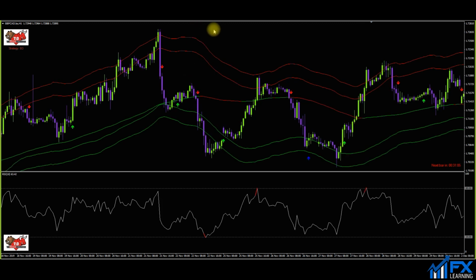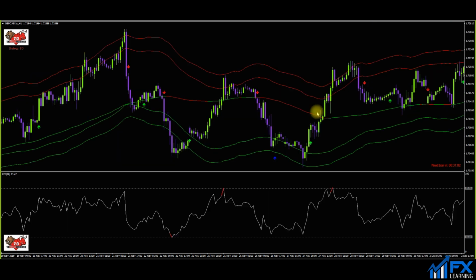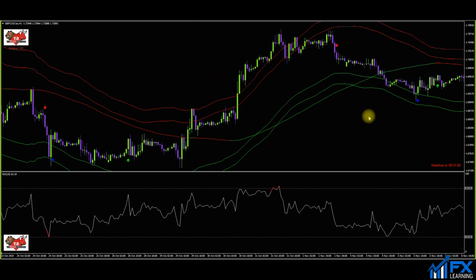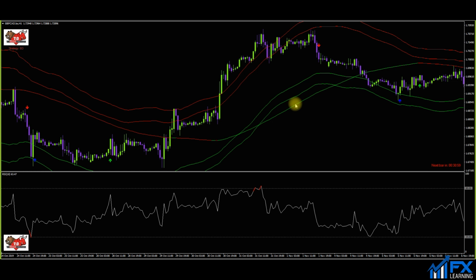Let me show you an example. Something like this. When this line goes outside of the zones, it's telling us it's a strong uptrend. So as you can see here, the TCA line is outside of the bands. So it's telling me it's a strong uptrend.